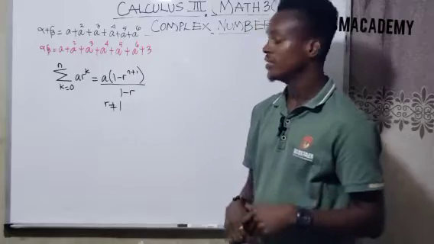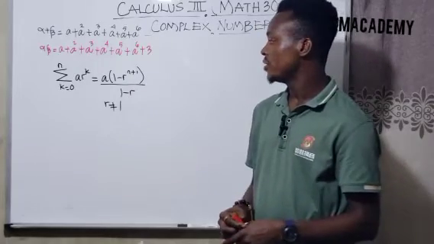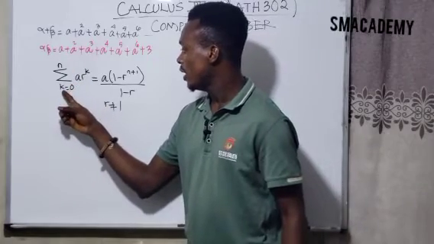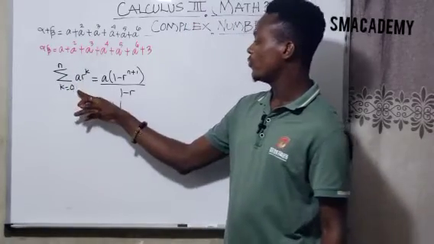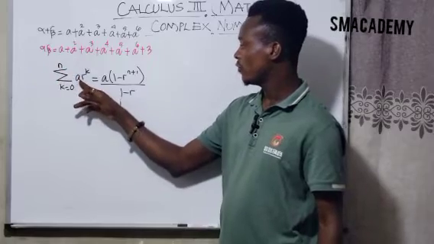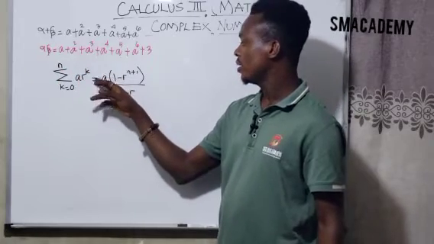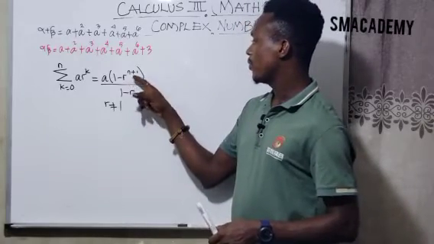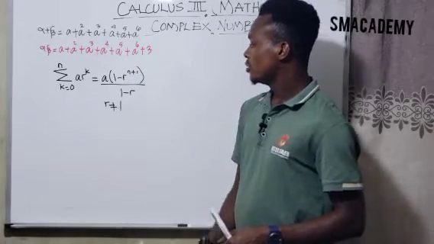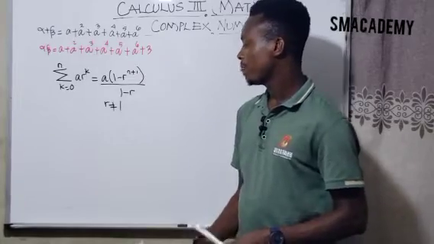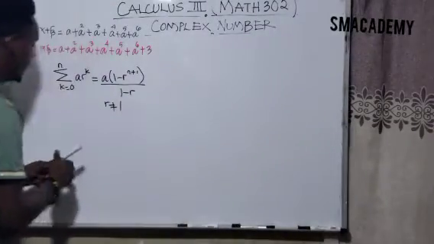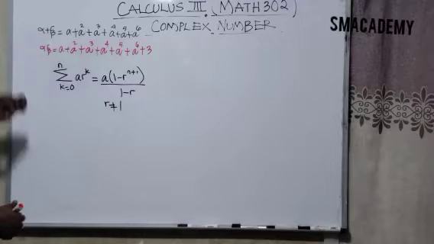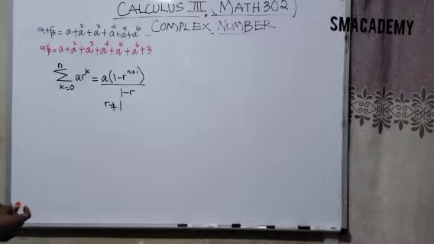So we classify this as a geometric series, where we say the geometric series is the summation of k as k moves from 0 to n of a of r raised to k should be equal to a parenthesis will be 1 minus r raised to n plus 1 divided by 1 minus r, where r is the common ratio and n is a term position.